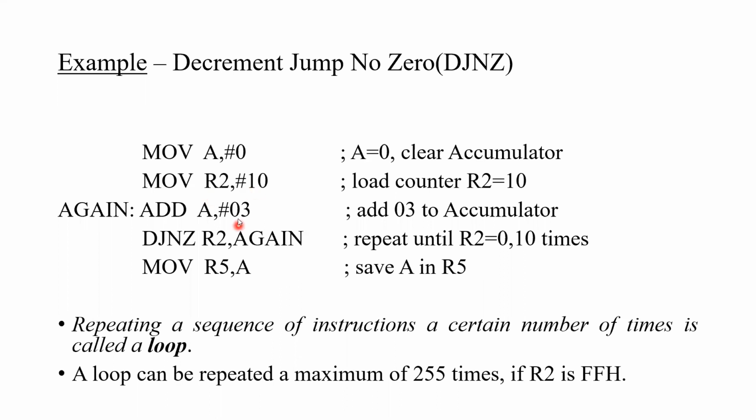The addition will be performed how many times? 255 times, or this set of instructions is executed 255 times. Depending on the value we give here, the number of times the loop is executed depends.